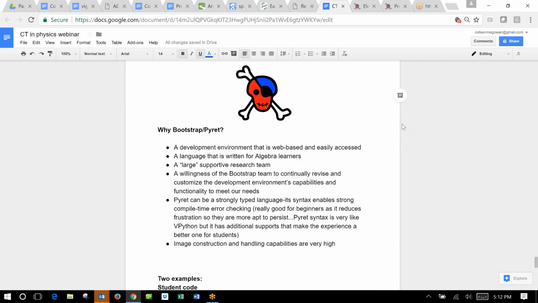Well, I think that's actually a really good question, and I need to take it back to the Bootstrap people and find out whether or not that's a possibility. But the coding that they do, and what I showed you that the student did, was pretty elaborate compared with where they begin. I used to have a physical computing workshop where we had these little robots and the kids would program them to try and run a maze.